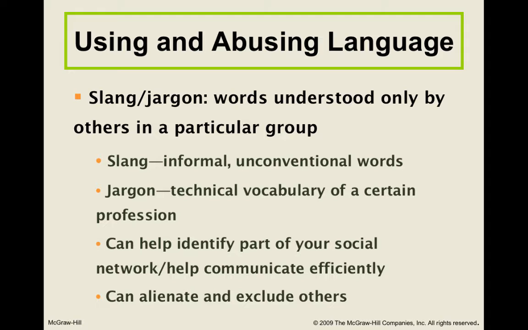There are good things about slang and jargon because they can help you identify who is part of your social network and connect with them. They can also help people communicate precisely and efficiently in particular jobs by the use of jargon.